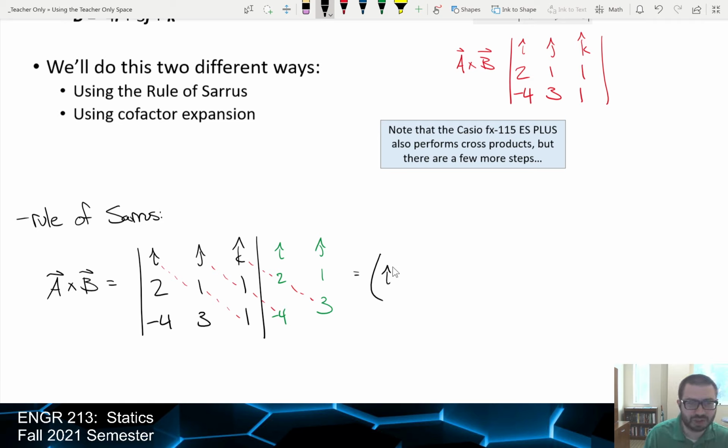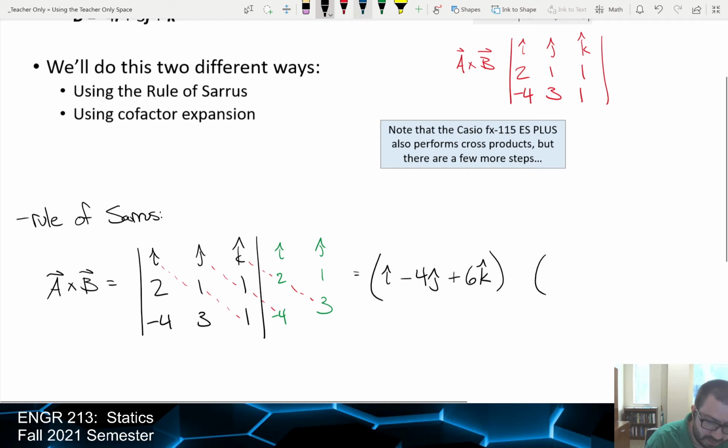For the second one, j times 1 times negative 4, negative 4j. For the third one, k times 2 times 3, 6k. Pretty simple.